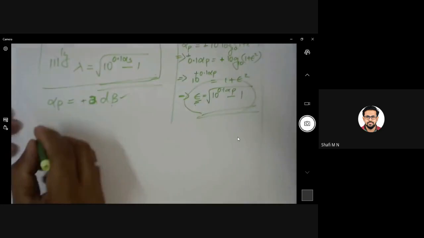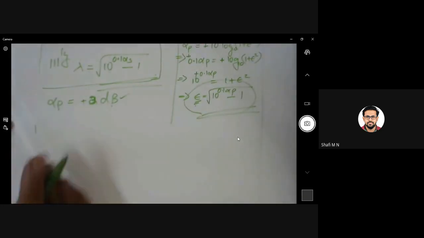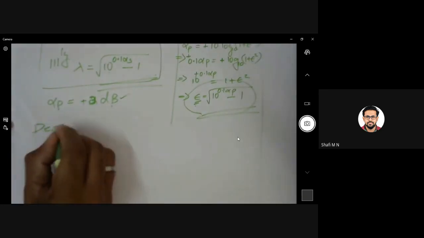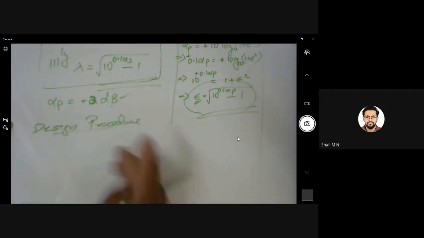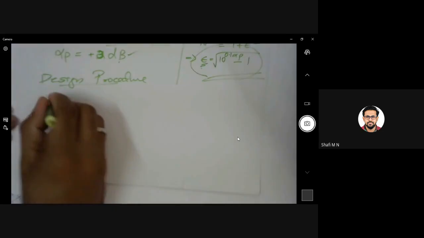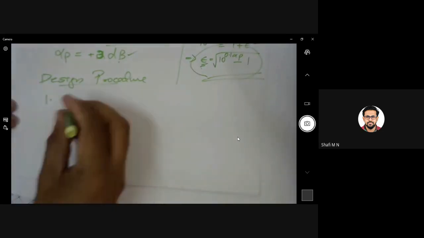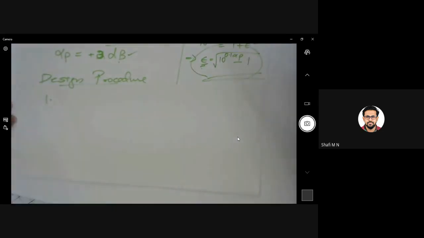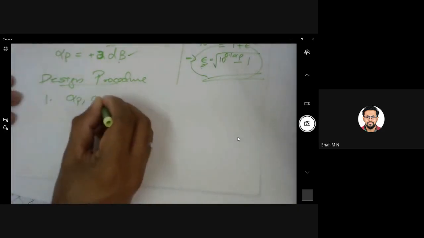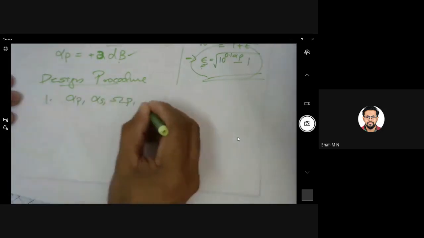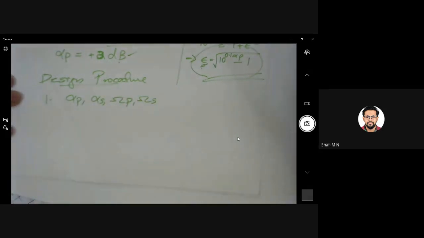Let us look at this once more. Next heading: design procedure. First step: from the given specification, find the order of the filter. Given specification means alpha p, alpha s, omega p and omega s will be given to you, as we have done in MATLAB.